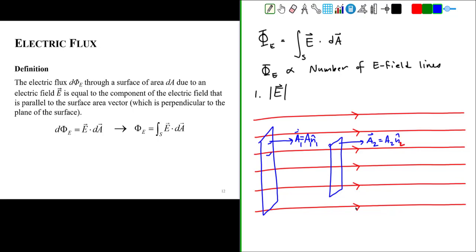Well, notice we now have only 3 electric field lines passing through surface 2, while we have 5 electric field lines passing through surface 1. Because there are 5 electric field lines going through surface 1 and only 3 going through surface 2, we can say that the electric flux through surface 1 is greater than the electric flux through surface 2.